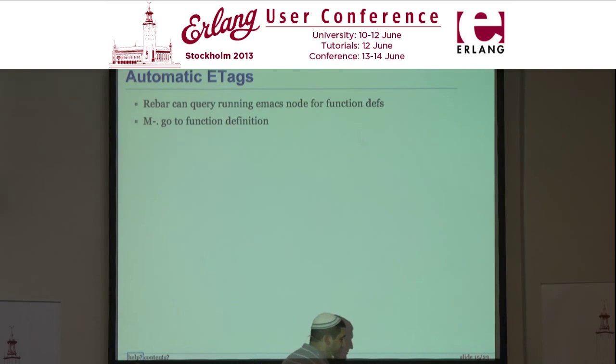Where is it defined? And it says, oh yeah, it's in this file over here with this directory path, on line 87. And then it just takes you right to it, so you don't need to have the separate file. It just knows where everything is. So that's a really helpful thing. And escape comma will take you back. That's nice.